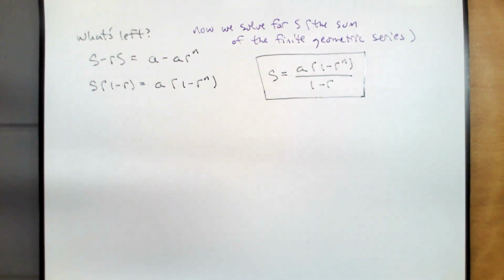So S is the sum of a geometric series where A is the first term, R is the common ratio and N is the number of terms.